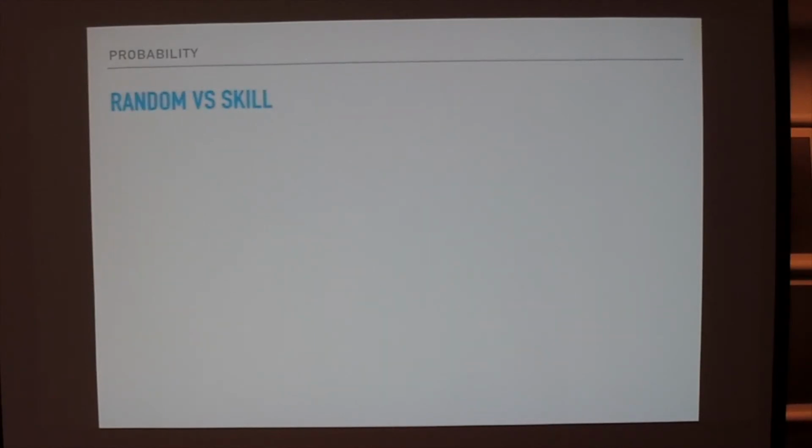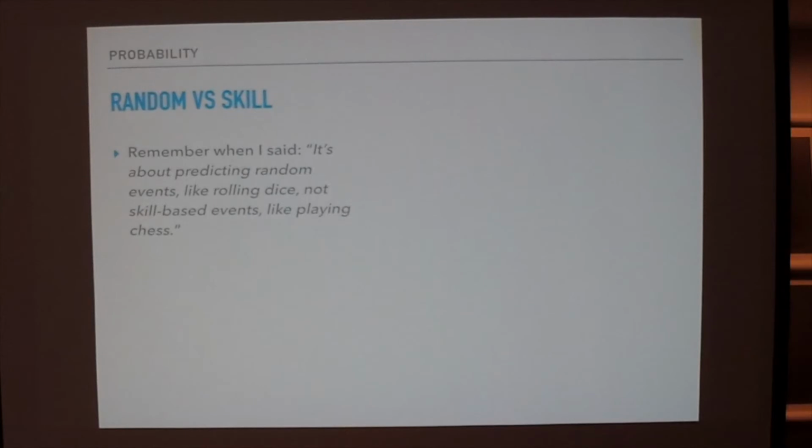Okay. So at the beginning I said that probability is mostly about random events occurring. This is dice and cards and things like that. It's not skill. You can, I lied a little bit, all right? It's not entirely true. You can apply probability to skill if you have a way to measure the skill.